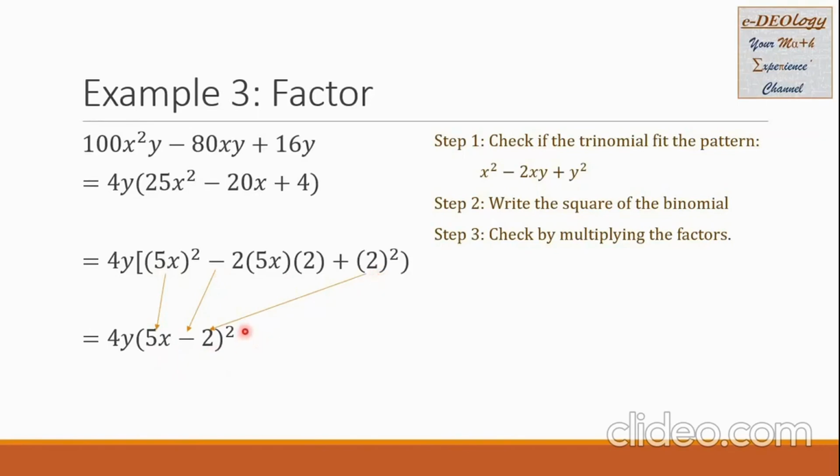Again, I will not forget the power 2. So this is my answer: 4y times the square of the binomial 5x minus 2.